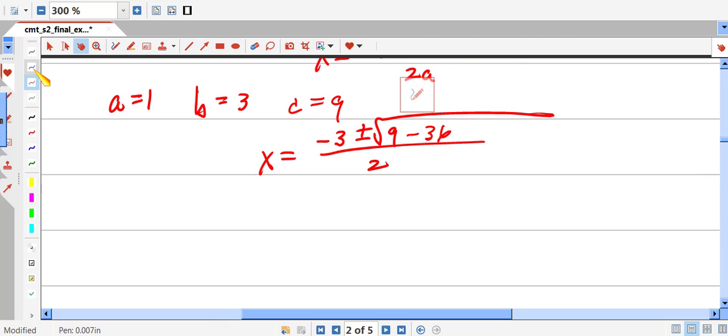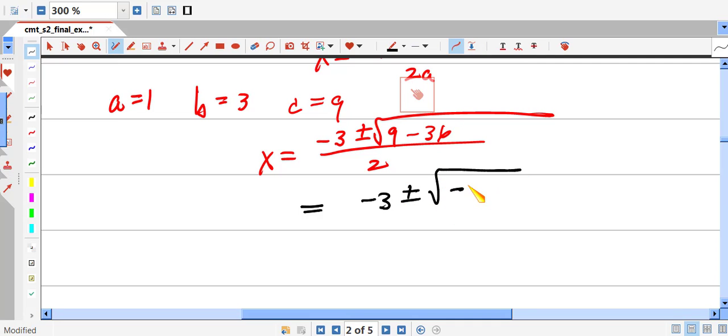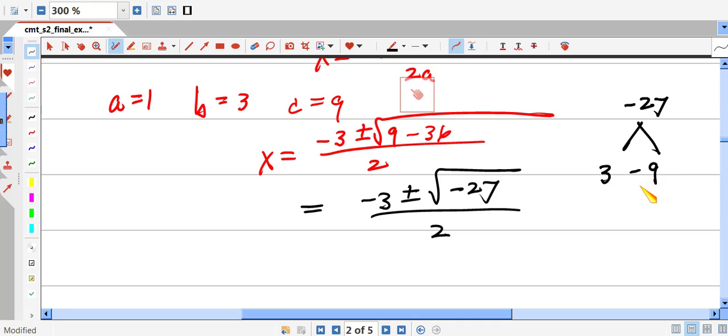Okay, so I can simplify. So I'm at negative 3 plus or minus the square root of negative 27 all over 2. Okay, so let's see. Negative 27. That's 3 times negative 9, and then 3 times 3.